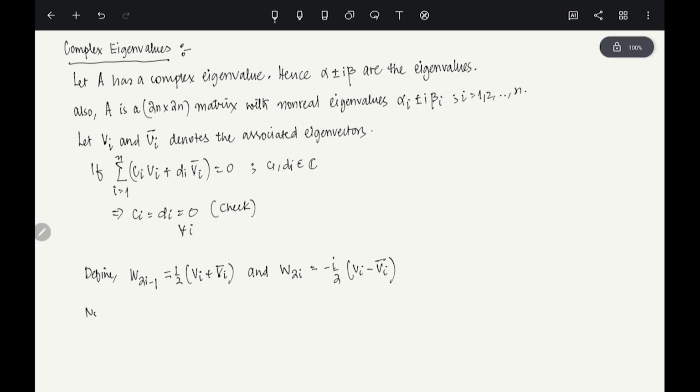So note, W_{2i-1} and W_{2i} are real vectors. Clear? These are real vectors. Okay, since this is the real part of Vi, and this is the imaginary part of Vi, so real vectors. Okay, so now we have this theorem, or let's just put it as a proposition.